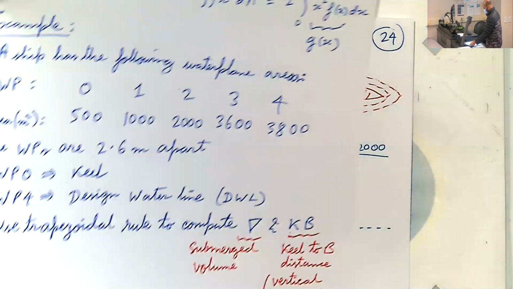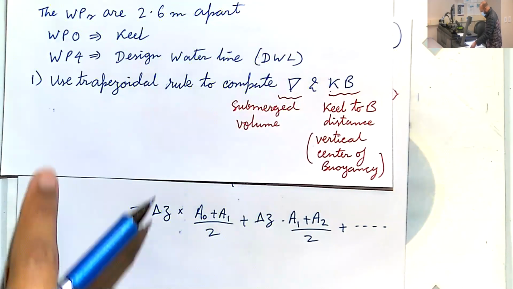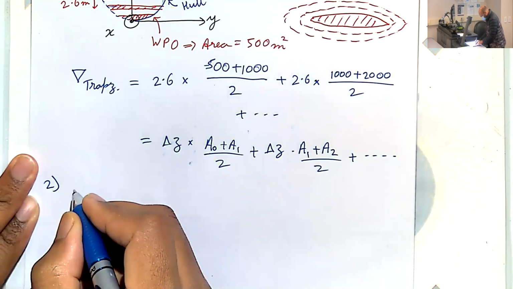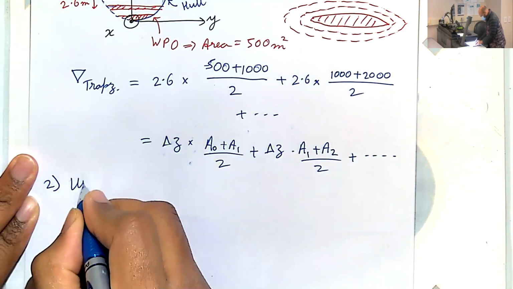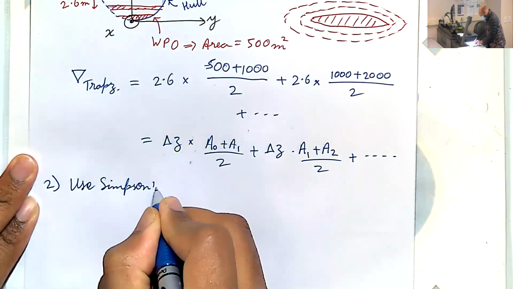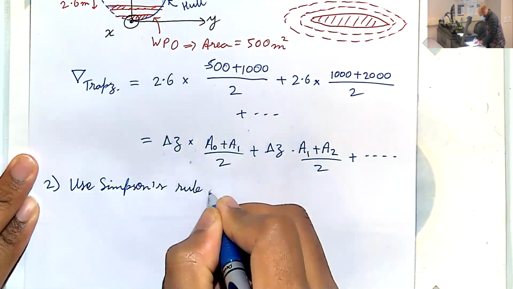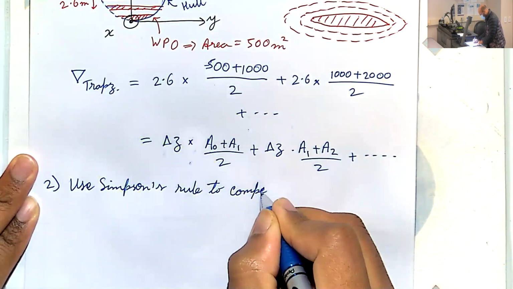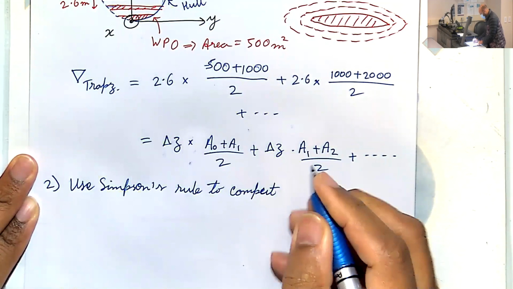Next question is, so that's the first question. Let's write the next question. Okay, use Simpsons rule to compute, oh, we haven't computed the KB yet. Okay, we'll come to that.